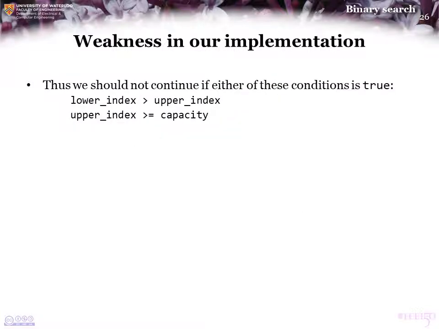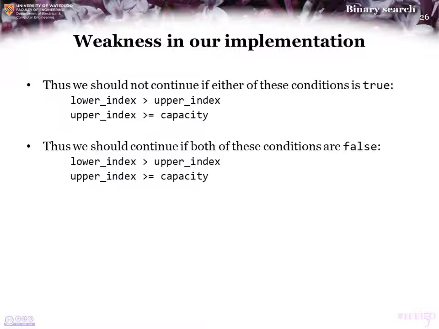Okay, thus we now have two conditions under which we should not continue iterating the while loop. We should not continue if either lower index is greater than upper index or upper index is greater than or equal to the capacity. Consequently, we should continue iterating the while loop as long as both of these conditions are false.